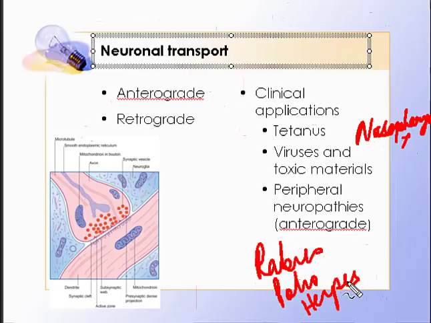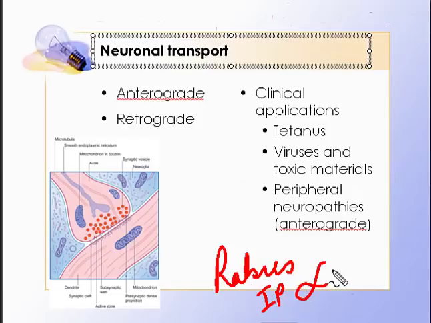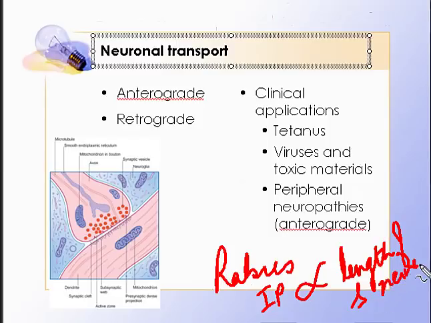In fact, in rabies, it's seen that the incubation period is proportional to the length of the nerve, of the spinal nerve or cranial nerve for that matter. So the longer the nerve is, the longer the incubation period is.